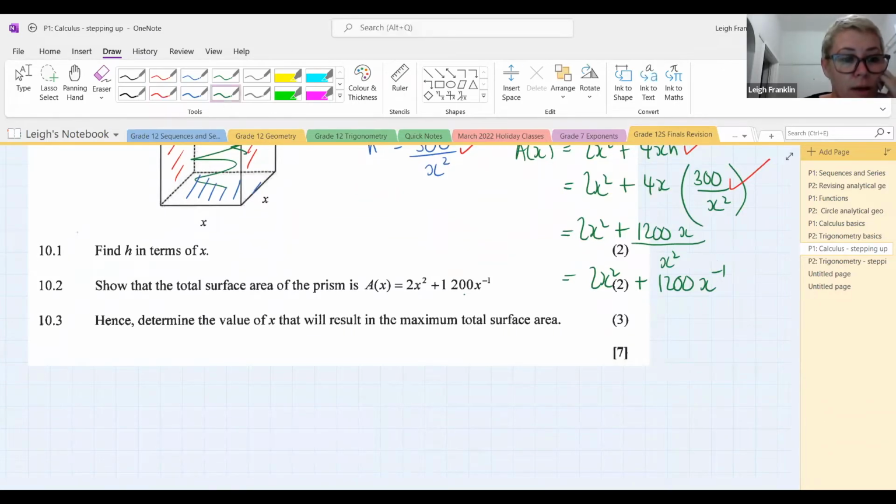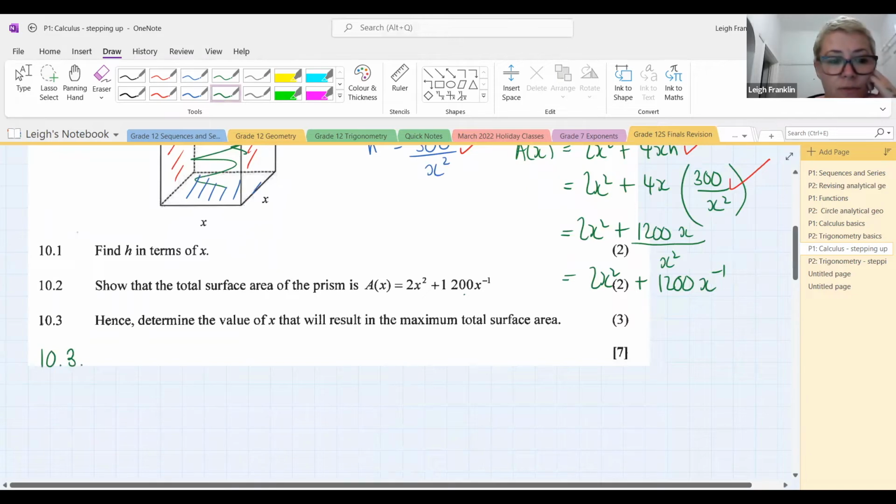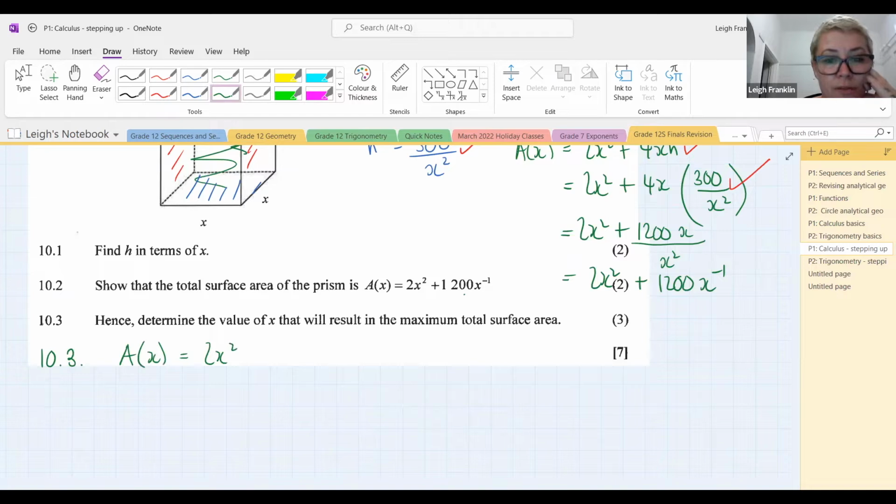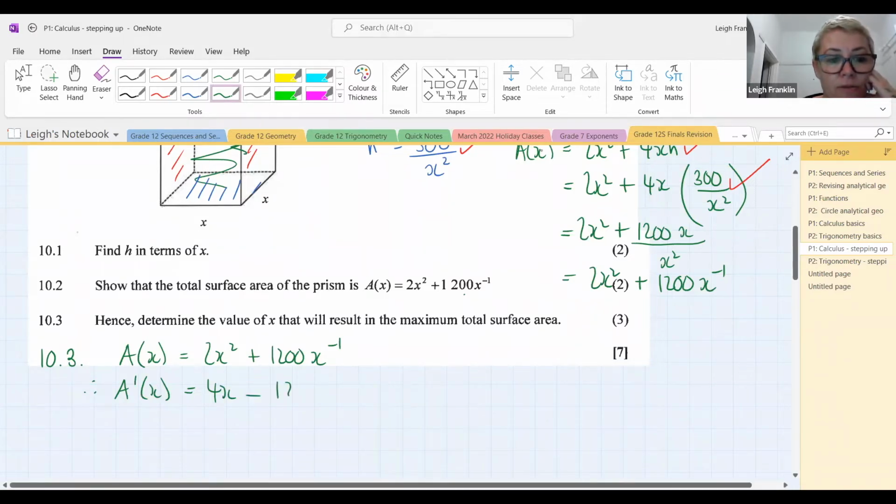Okay, so in 10.3, we are going to find the derivative. If we've been given A of x equals 2x squared plus 1,200 x to the negative 1, that means the derivative of A with respect to x is going to be 4x minus 1,200 x to the power of negative 2, because I've got to take 1 away from my exponent.